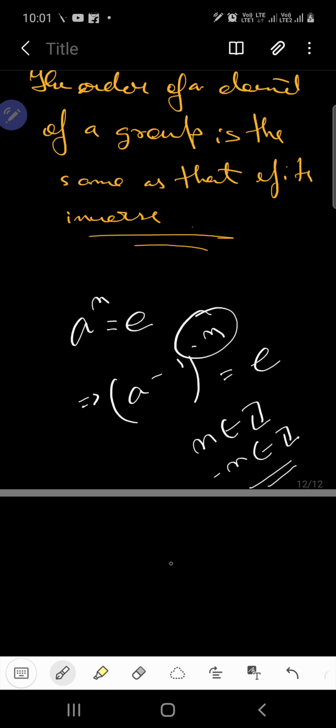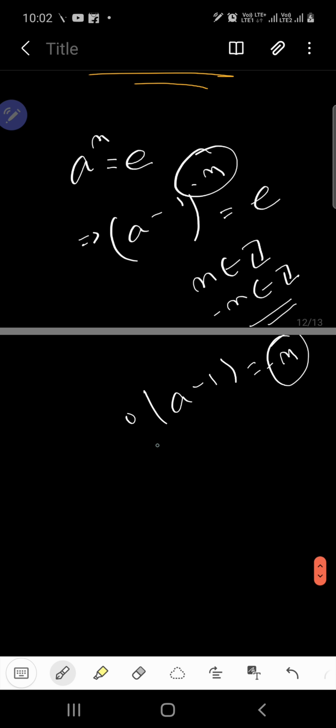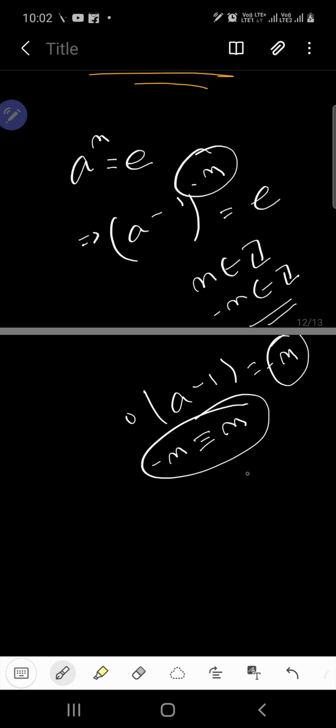So the order of a to the power minus 1 is basically becoming minus n. So what we need to show here is that minus n can be equivalent to n when we are finding the order. So how can we do that?